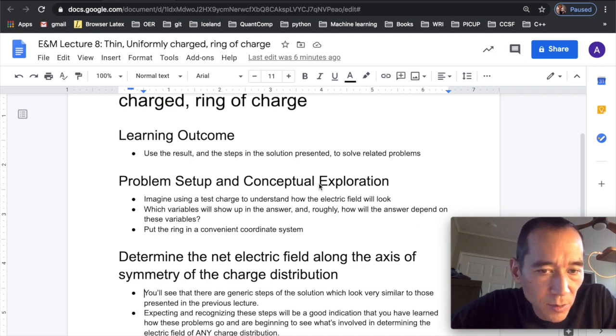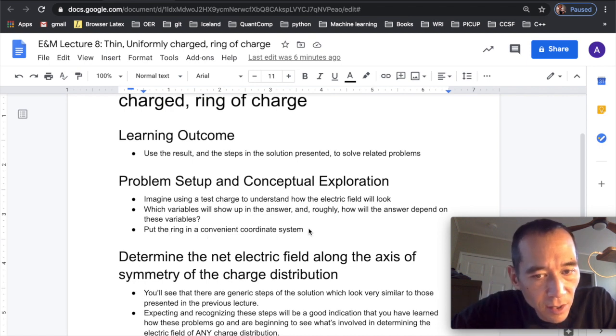And we're going to do this conceptually. That is, we're not going to do much any math, really.